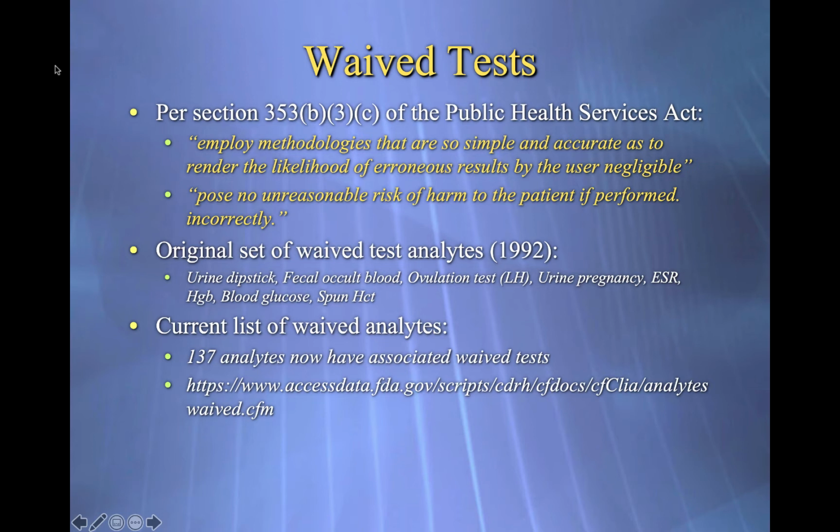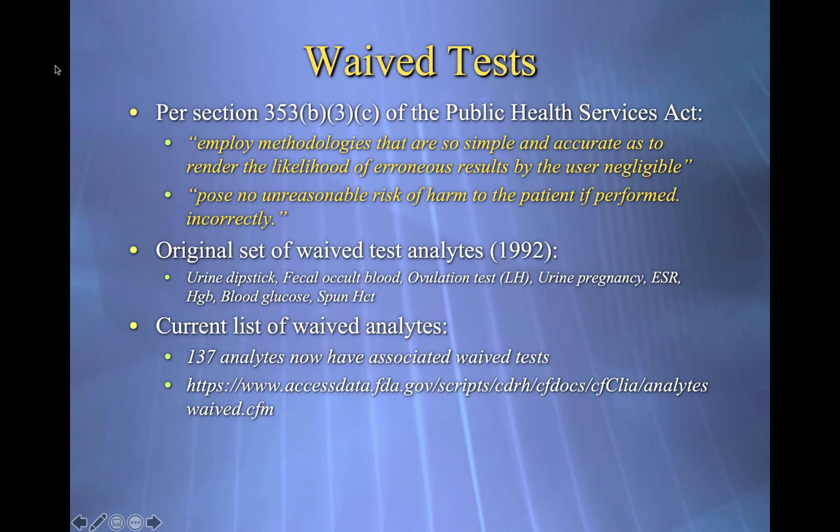So originally in 1992, when CLIA came out, there was a set of waived analytes that were allowed, and they're here: urine dipstick, fecal occult blood, ovulation tests, urine pregnancy tests, sed rate, hemoglobin, blood glucose, and a spun hematocrit. Those were the original analytes. And there were multiple different tests then that were waived tests that looked at these analytes, but those were the only things you could test for on a waived basis.